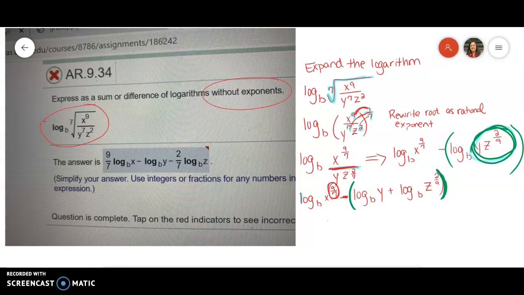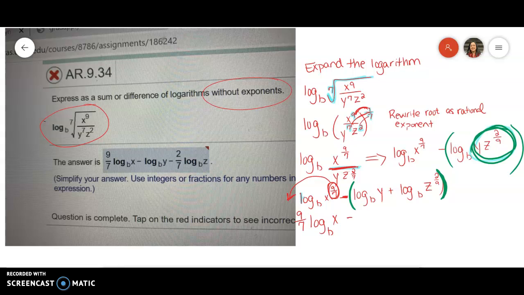So, for example, this 9/7 I'm able to bring out front, and it's going to become 9/7 times log base b of x. And voila, let me erase that. Log base b of x, you no longer have an exponent.